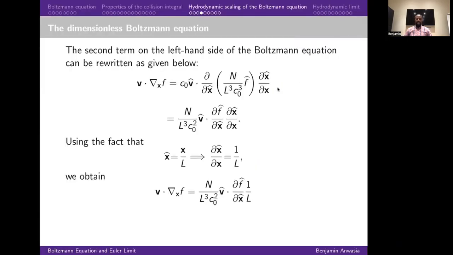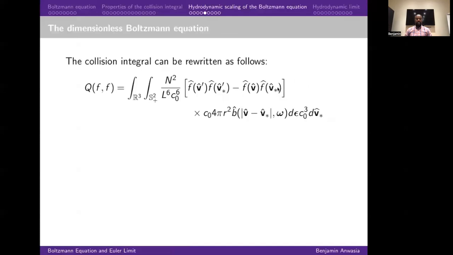Rearranging the terms on the right-hand side of this equation, it is given by the following expression. Also, using the definition of the dimensionless velocity, the dimensionless velocity distribution function, and the dimensionless collision kernel, we can rewrite the collision operator as follows.